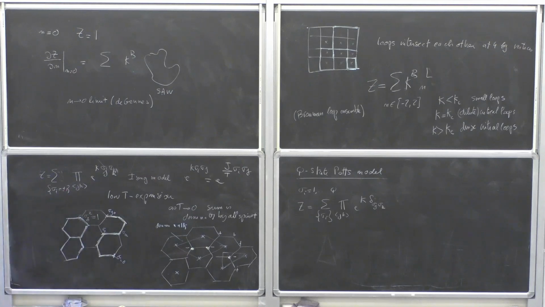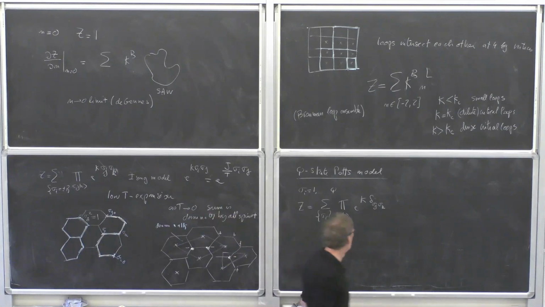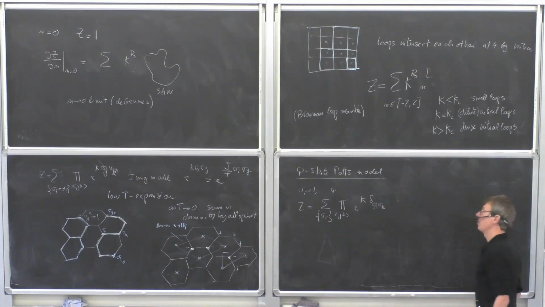So for k positive, we're having a ferromagnetic interaction. We are favoring neighboring spins to be of the same color. And we're going to consider this model on the square lattice.